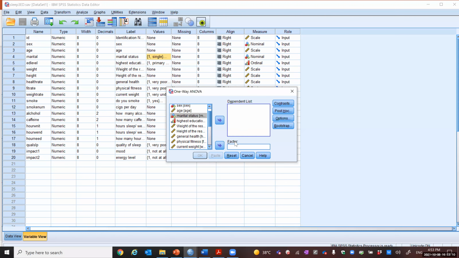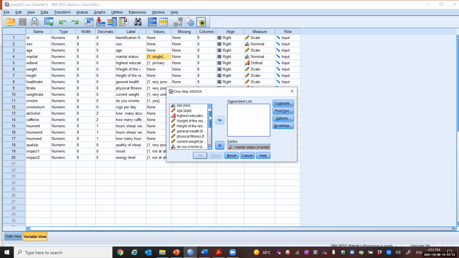This is my dependent list and this is my independent list, because in ANOVA you will have only one independent variable, and in this case our independent variable is marital status. So I'll click on marital status and bring it in here.